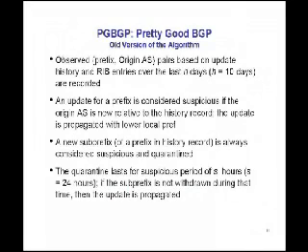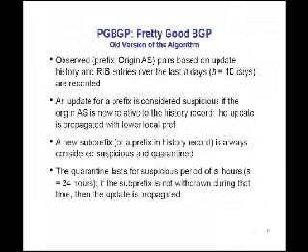PGBGP is also based on trace data. Here, the idea is that you take observed prefix-origin pairs based on update history as well as RIB entries over the last, say, 10 days. And a prefix is considered suspicious if the origin AS is new relative to what's been observed in history. Even then, the update would continue to get propagated, although with a lower local pref.